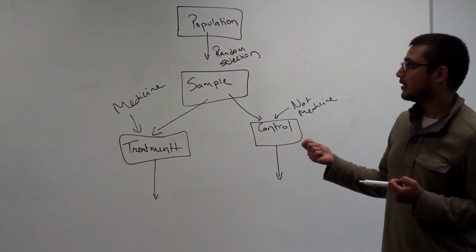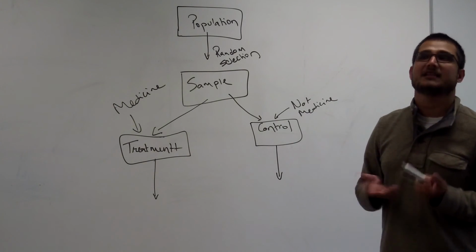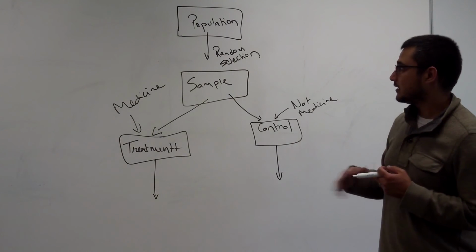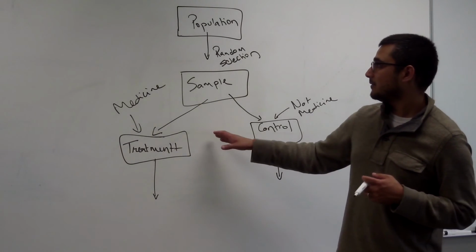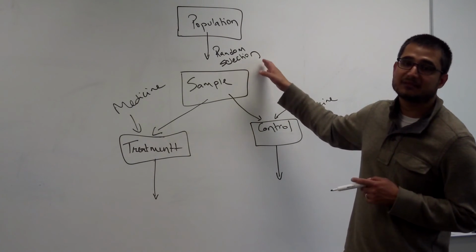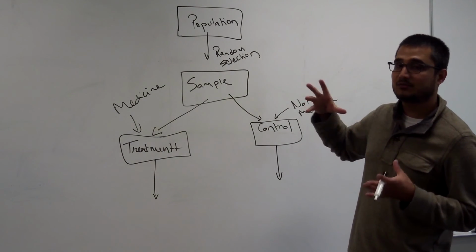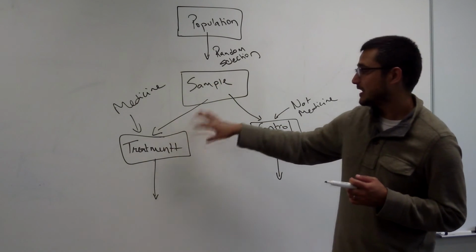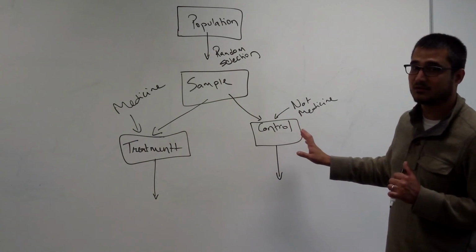So this is a very powerful research design. It's very expensive to conduct. It's very complicated to conduct. The power comes really from this idea of random selection, randomly selecting who is going to be in the study. And here also you have a sample and you randomly select who goes into the treatment and who goes into the control.